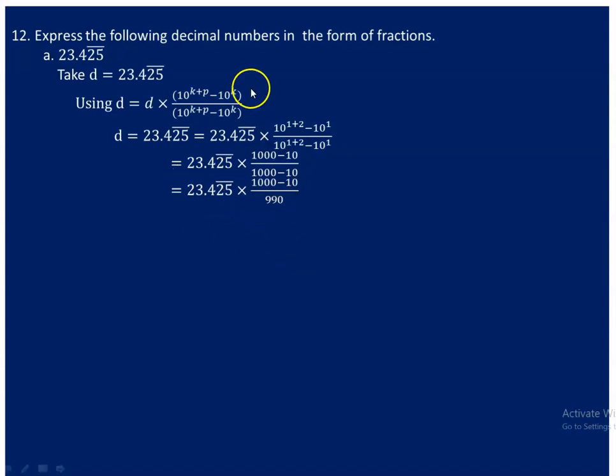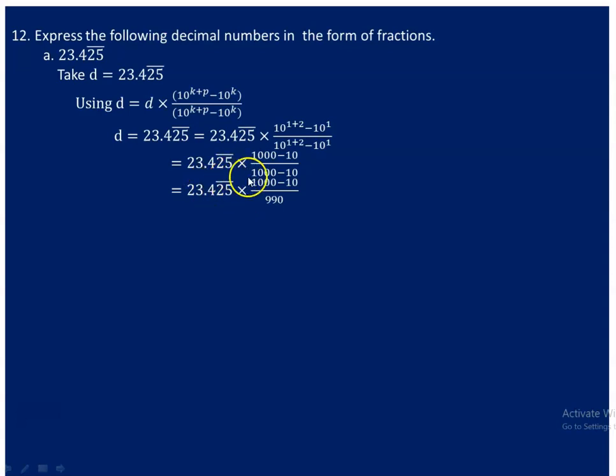It's passing through 3 digits to the right. So move 1, passing through 1 digit. Look, here comes another one, and the last one here. So the point comes out being over here. Don't forget that this 25 is existing throughout. So this is going to be 23,425.252525 because this is being repeated.